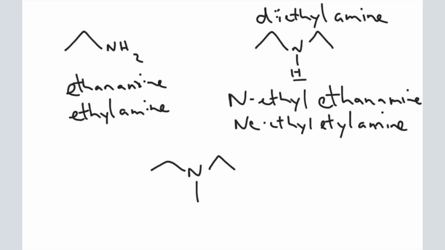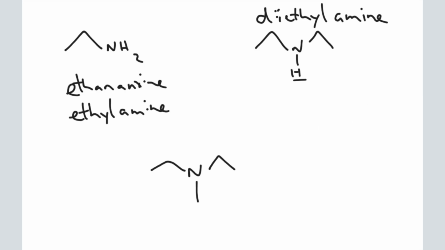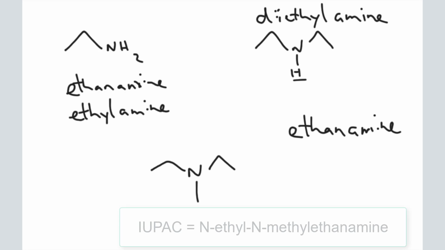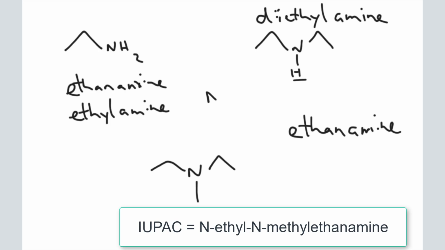We move on to the last one. We have two ethyl groups and a methyl group attached to the tertiary nitrogen. So for naming, I'm going to make some space. The base name is, again, ethanamine, because it's one of the longest carbon chains. And what I'll do is I'll write up here, in one position is an N-ethyl, in another position is an N-methyl.